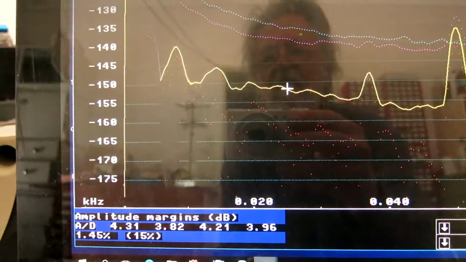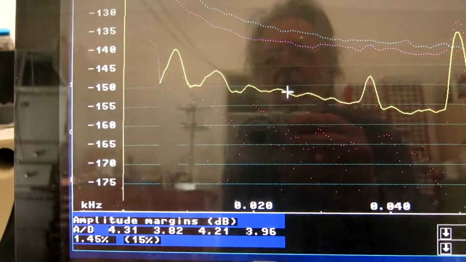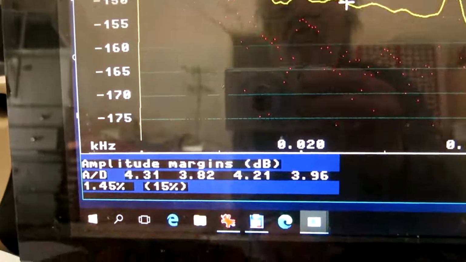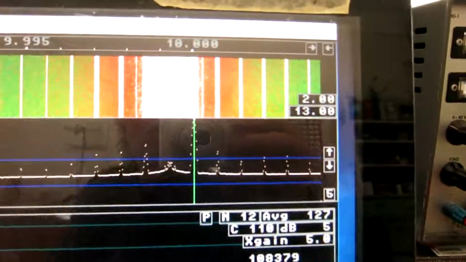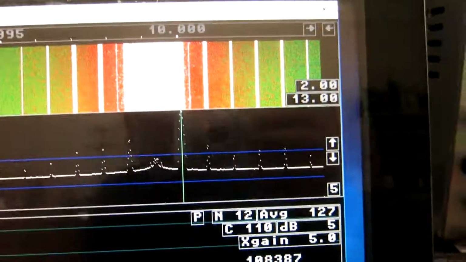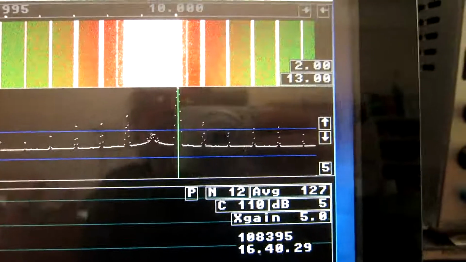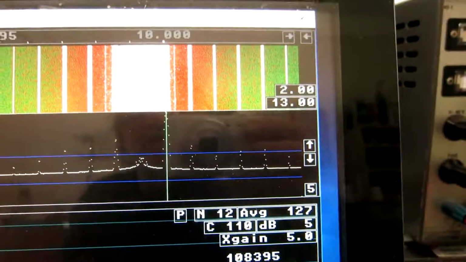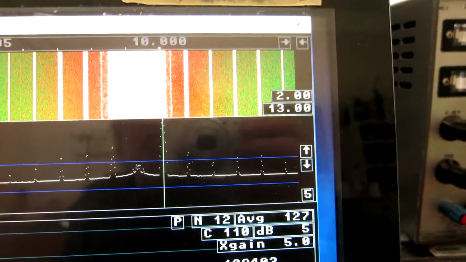Still, the level is 2 decibels lower than before, as you can see here, and the noise floor is much higher, particularly around DC. I have changed the gain setting from 3 to 13 decibels.